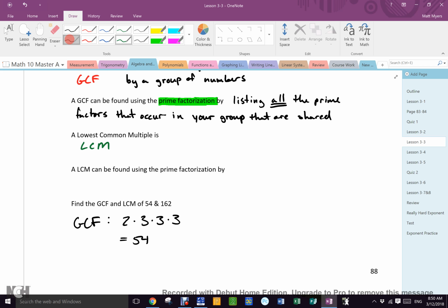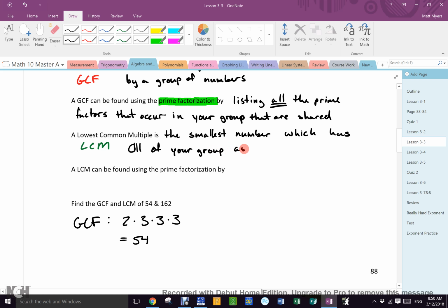Okay. So, first of all, we're going to explain this. A lowest common multiple is, and it's weird to say, the smallest number that has all of your group as factors.